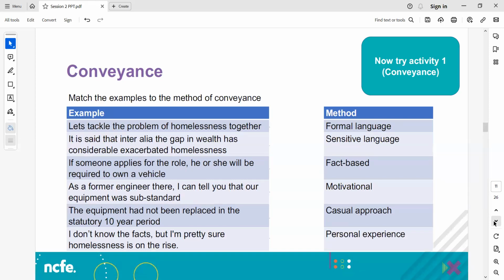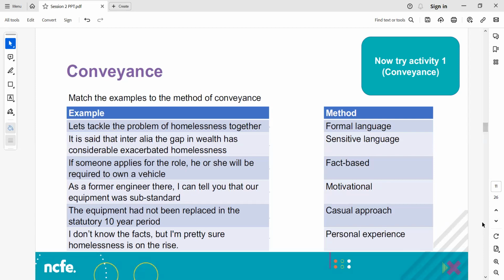Match the examples to the method of conveyance. So let's tackle the problem of homelessness together. So is that formal, sensitive, fact-based, motivational, casual, or personal experience? Motivation. Good. So that is motivational.